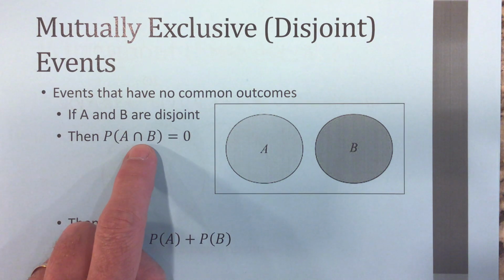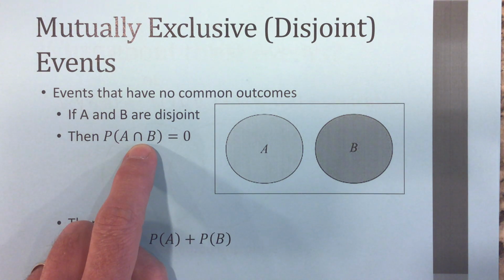So, for example, let's say event A is drawing a heart from a deck of cards. Event B is drawing a spade from a deck of cards. When I draw one card, is it possible for me to get both a heart and a spade at the same time? No, right? Those are disjoint events.